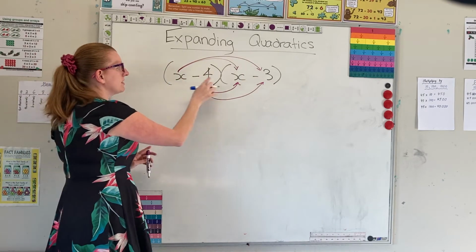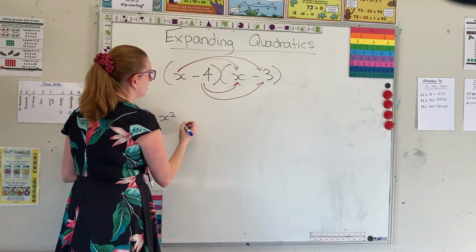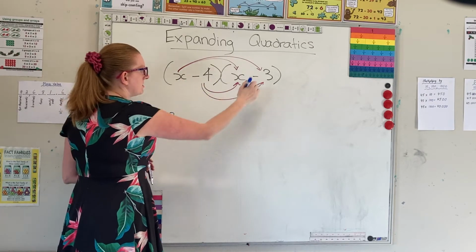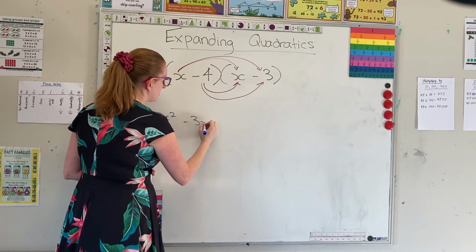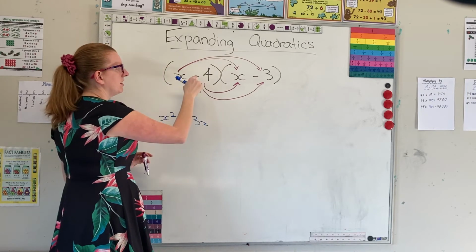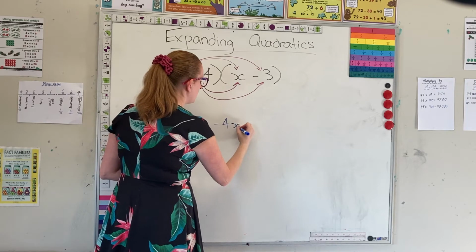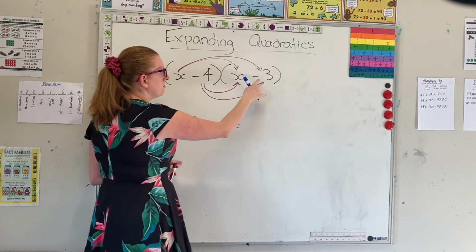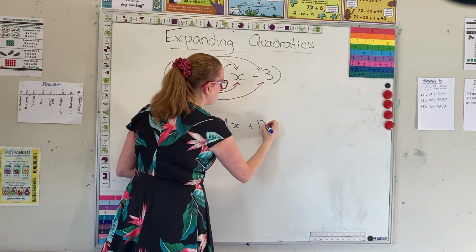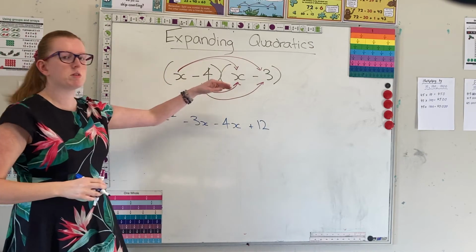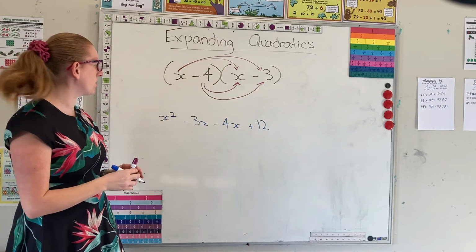So x times x gives me x squared. Then I've got x times -3 gives me -3x. Then I've got -4 times x gives me -4x. Then -4 times -3 gives me +12. Because 4 times 3 is 12 and two negatives cancel each other out.